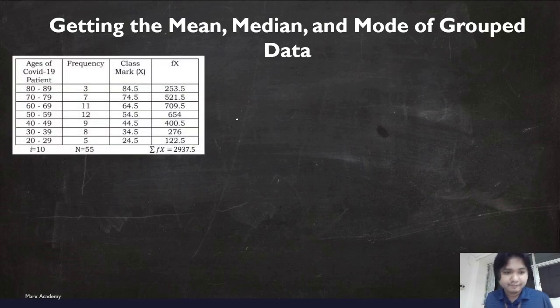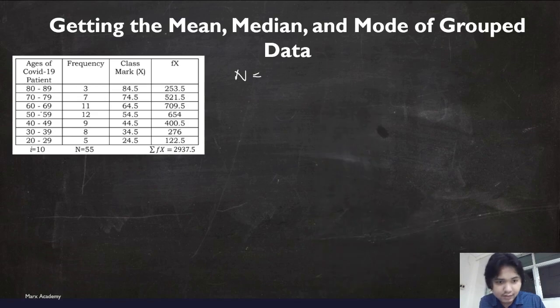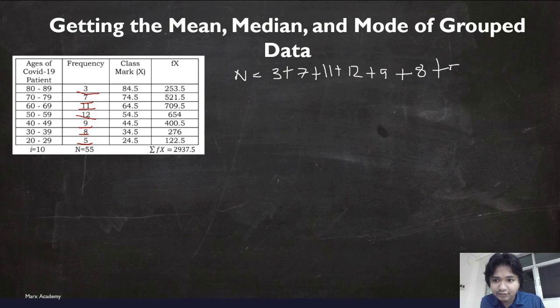We also get the total of the frequency by adding them all: 3 plus 7 plus 11 plus 12 plus 9 plus 8 plus 5, which equals capital N, 55, the total of frequency.